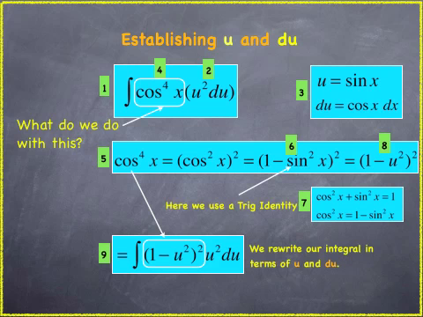And then in item 6, we can replace cosine squared with 1 minus sine squared using a trig identity, which I've listed in 7. And once we've done that, we can also replace the sine squared again with u squared, because we already know u is sine. And in item 8, we have everything in terms of u. So in item 9, we have our integral again. We replace our cosine to the 4th power with 1 minus u squared squared. And now our entire integral is in terms of u's and du.